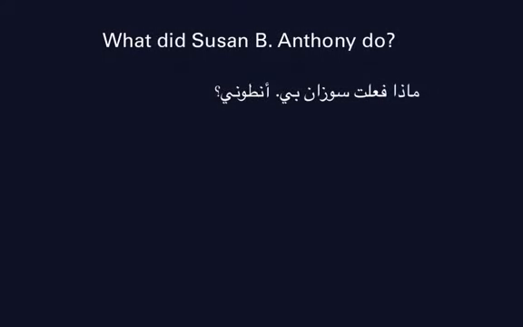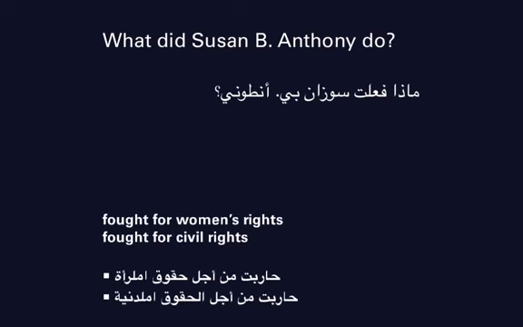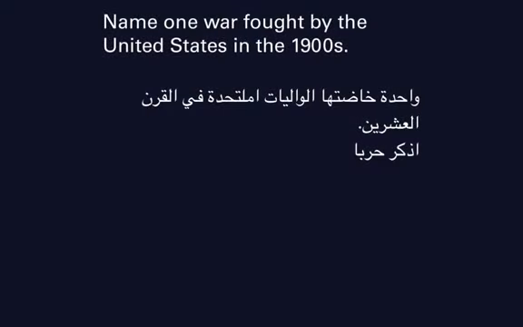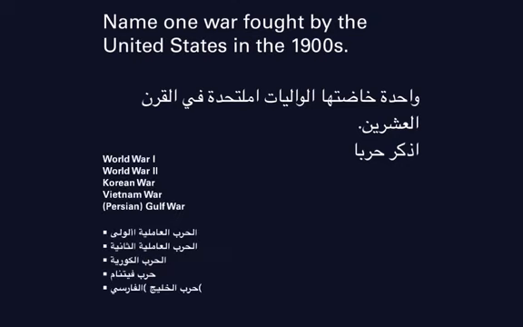What did Susan B. Anthony do? Fought for women's rights. Fought for civil rights. Name one war fought by the United States in the 1900s. World War I. World War II. Korean War.